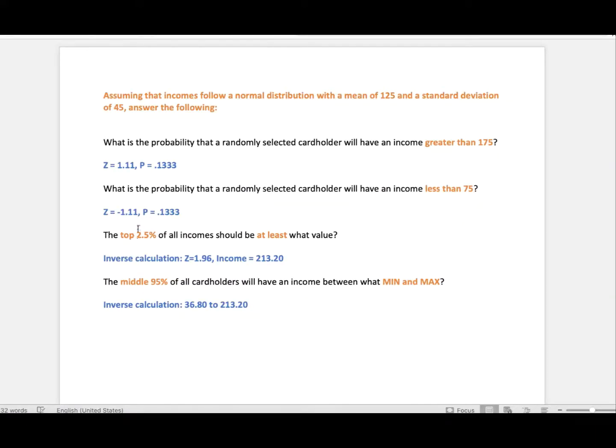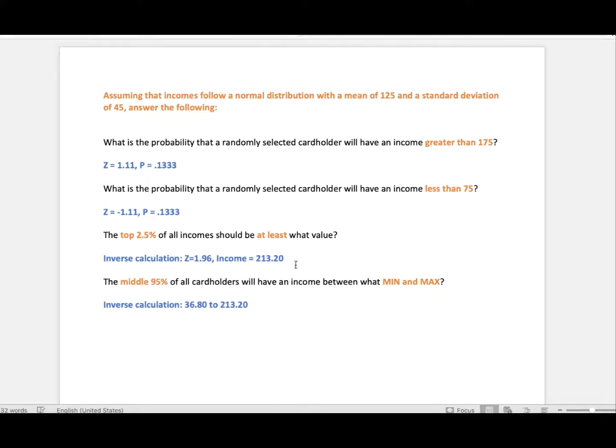The top 2.5% of all incomes should be at least what value? This is going to be an inverse calculation, and we've now seen that the top or bottom 2.5% begins 1.96 standard deviations above the mean. In other words, 1.96 times 45 added to our 125 will give us the point 213.2.